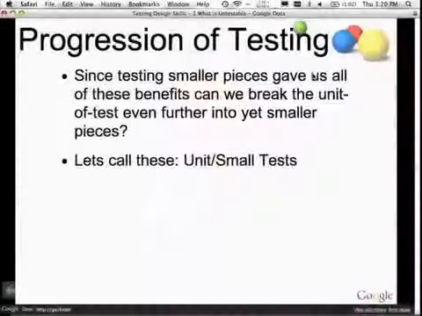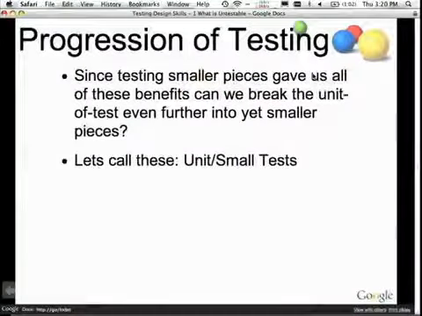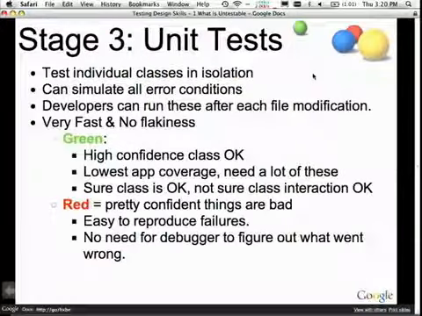So then you say to yourself, wait a minute, if going from large-scale testing to medium-scale testing we got better at this, maybe we can go in further and go down to individual components. And in the world of software, that's individual classes. So instead of testing that the engine works as a whole, maybe I can have individual tests that verify that the piston is of the correct shape, that the oil is present, that the spark plug has the correct clearance, and so on and so forth.